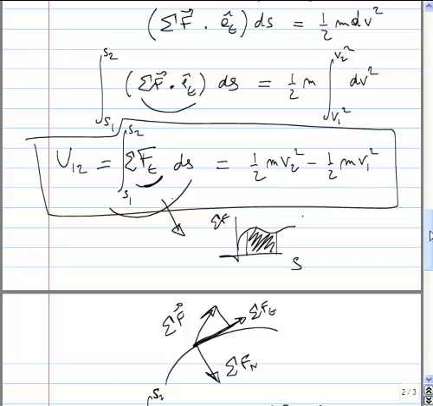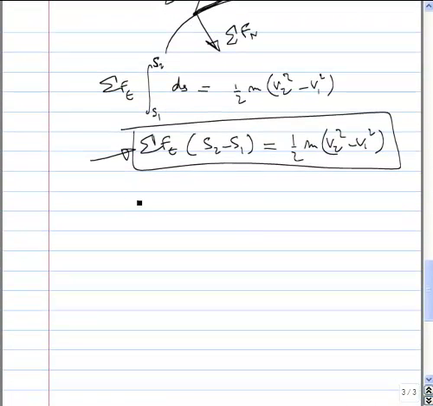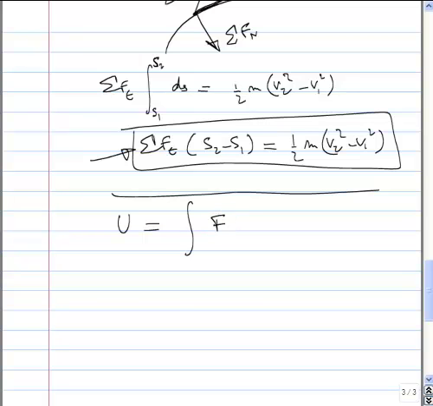Okay, so in summary, remember that the work is nice because you can either express it as the integral of the sum of the forces with respect to r, or you can use curvilinear path, which implies that the force is a function of position and implies that you need to know the path to go from R1 to R2.